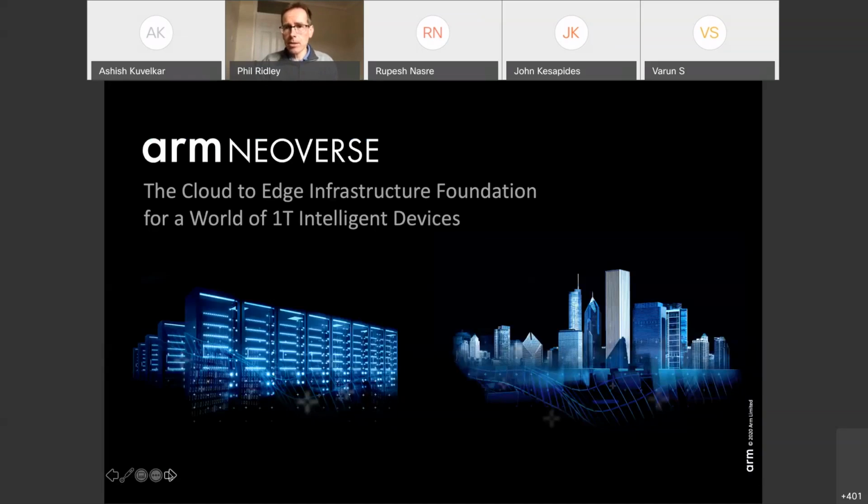I hope that has given you a bit of background about ARM in general and the CPU model, but we'll focus now more on HPC. So basically, around a couple of years ago, we announced a new line of infrastructure-led processor designs called ARM Neoverse.